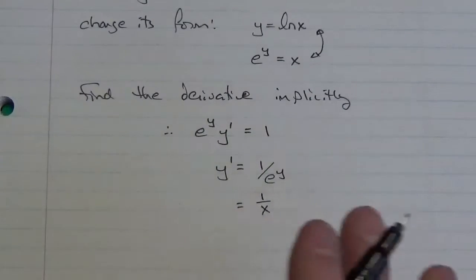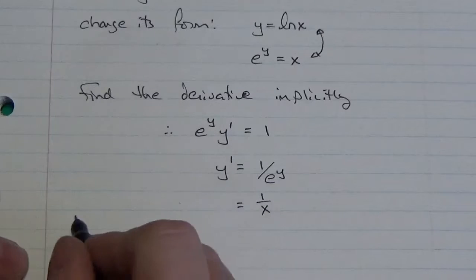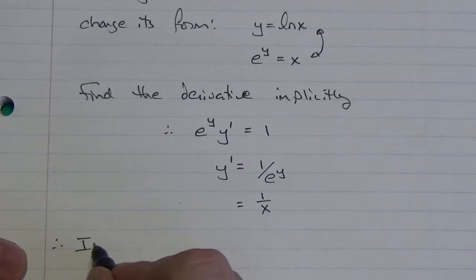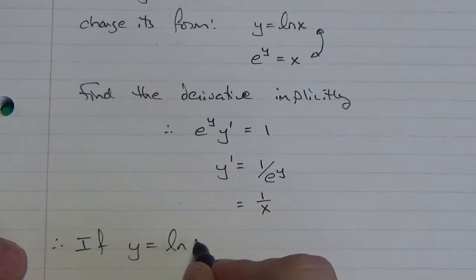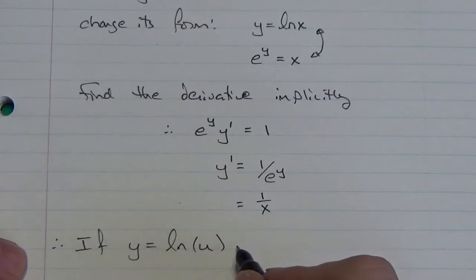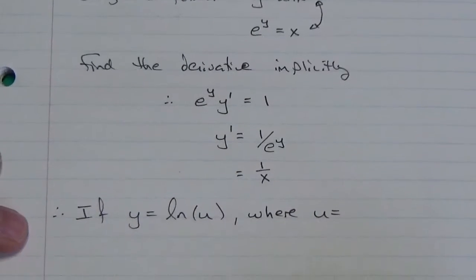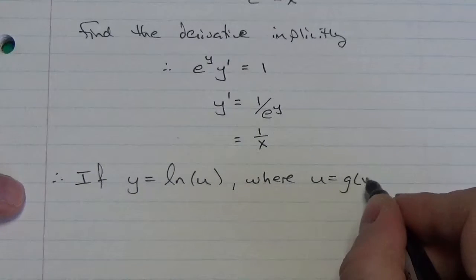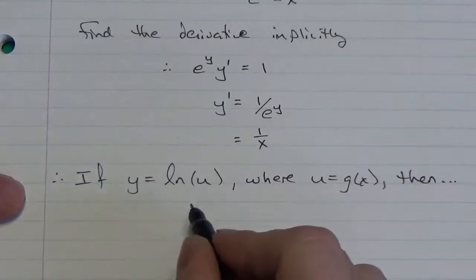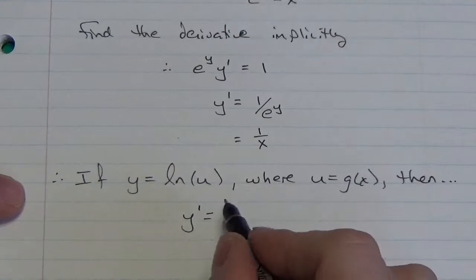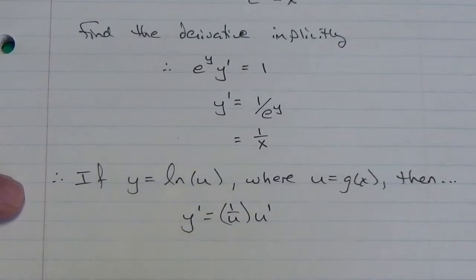I'm going to wrap this up really quickly, then we'll look at some examples. Just to give you the rule: if y is equal to the natural log of, let's call it u for right now, where u is some function of x, then y primed is going to equal 1 over u multiplied by u primed.